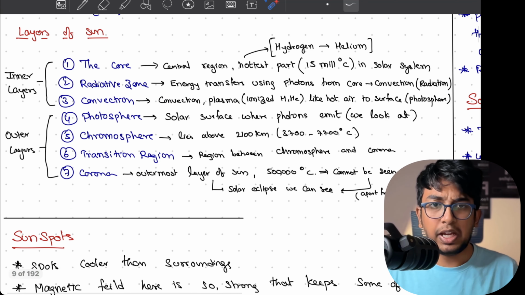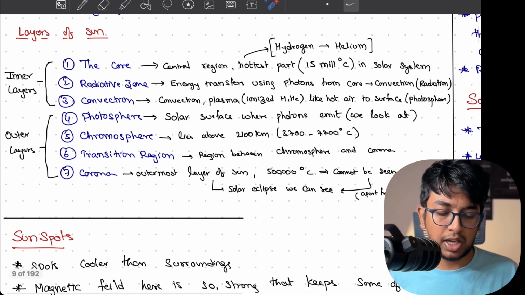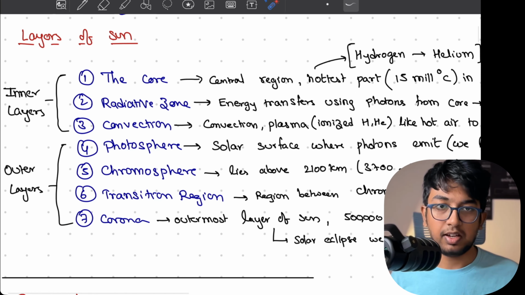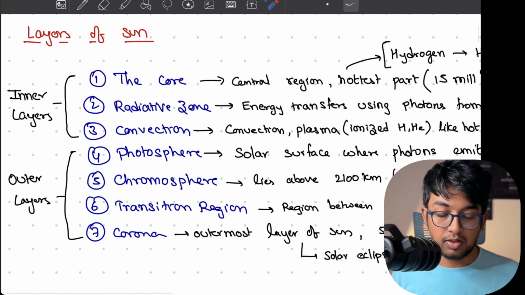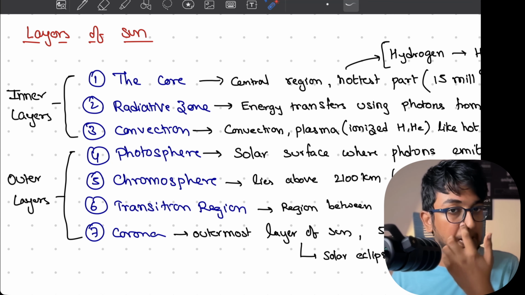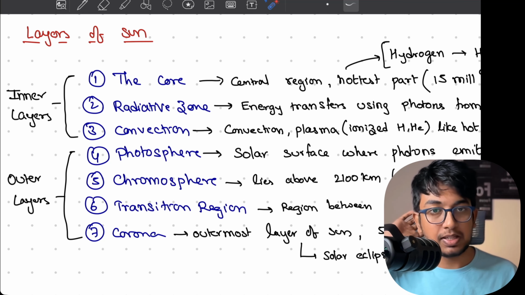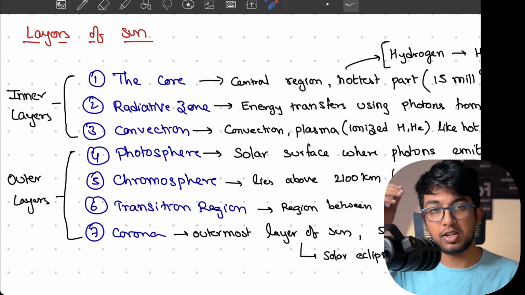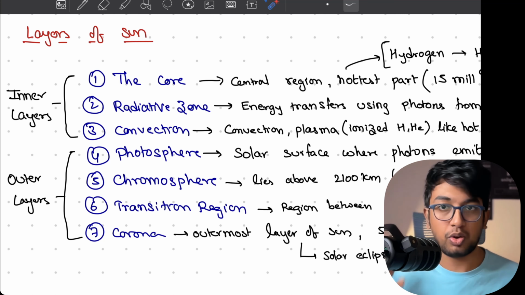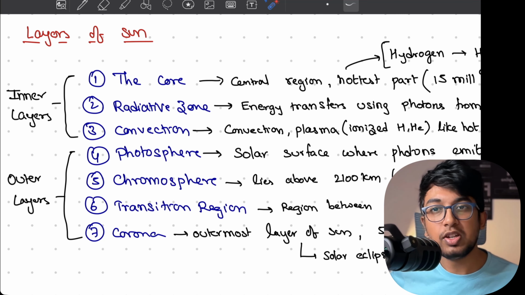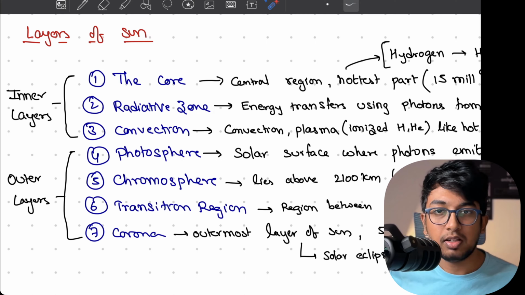Let's jump into the main topics or the real topics which we have to study, that is layers of the sun. So in the beginning itself I want to classify. There are 7 layers. Basically few layers are just transition layers which I'll show you here. These transition layers are important.